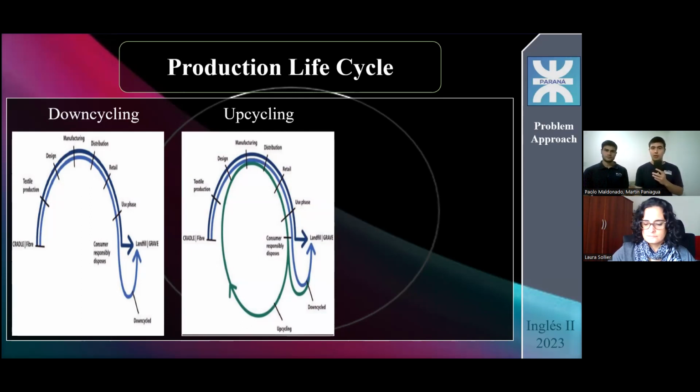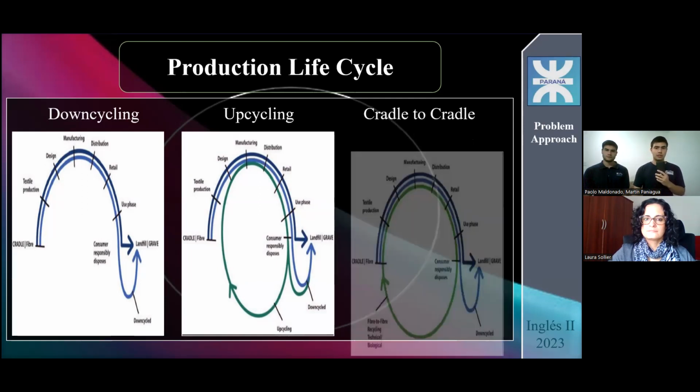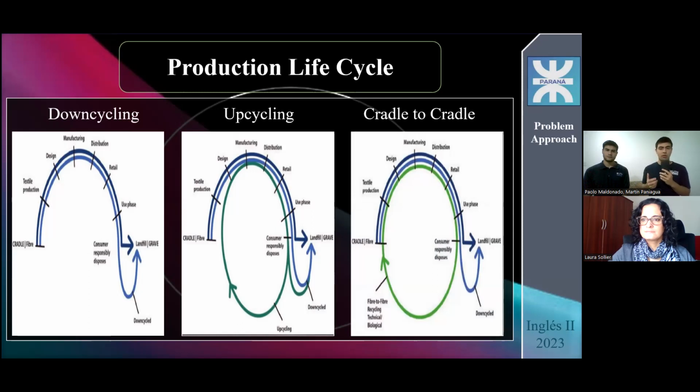The third type of circular economy is cradle to cradle. This is different from the previous models. Its model consists of keeping a product circulating in the market.